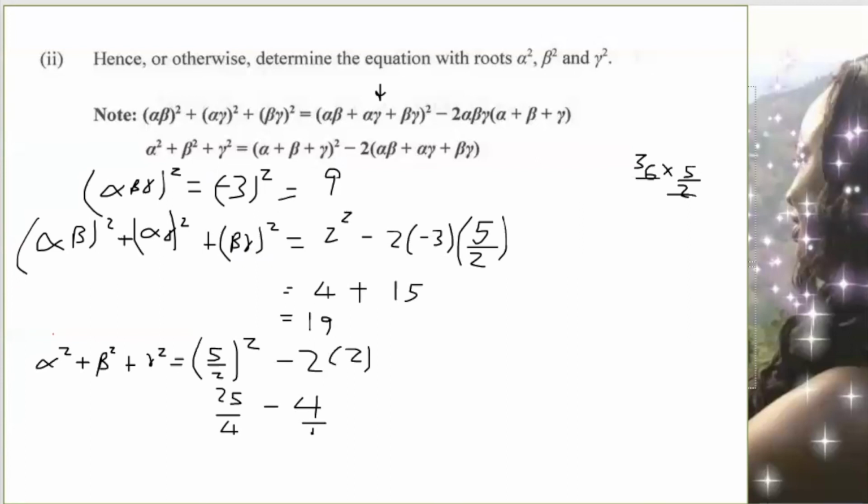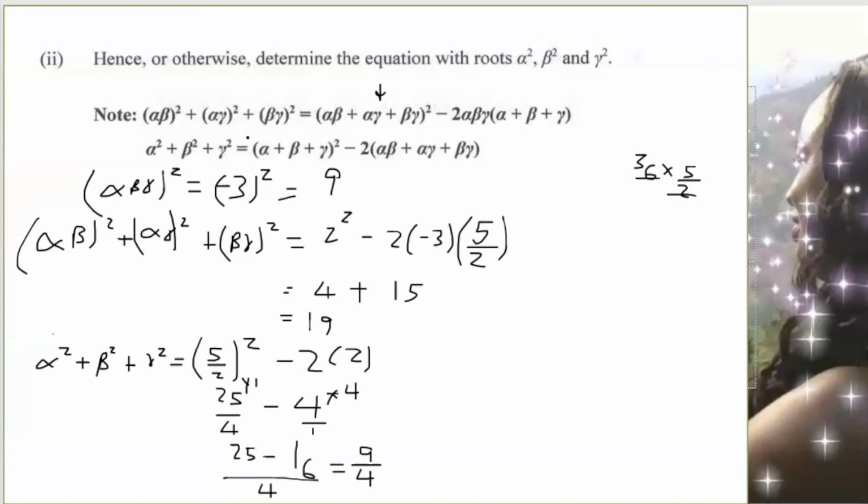Now I'm going to find the LCM. You don't have to, but I'm going to do that. The LCM is 4, so 4 into 4 goes 1 time. So 1 times 25, that gives me 25. Minus, 1 into 4 goes 4 times, so 4 times 4, that gives me 16. So 25 minus 16, that gives me 9. So this is 9 over 4.